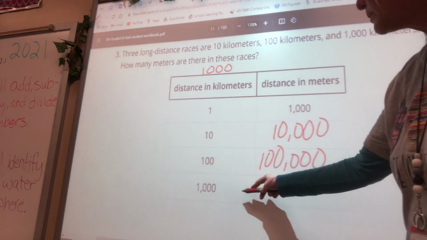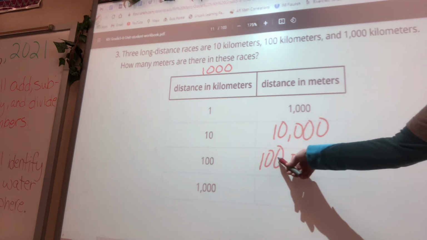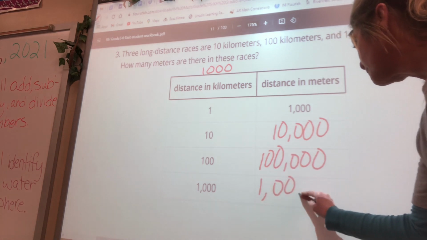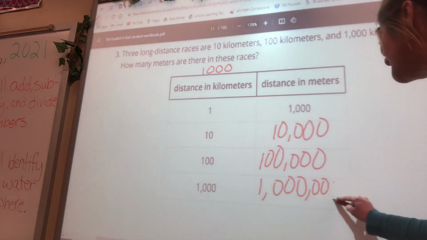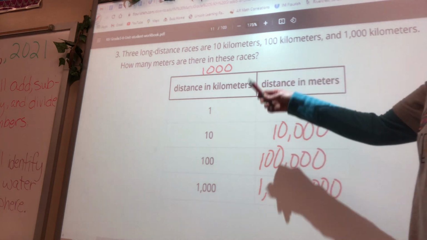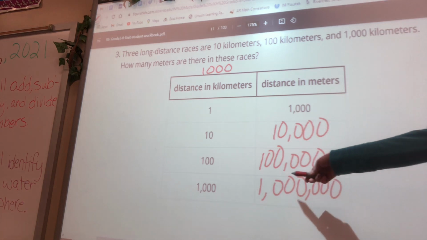This time we'd go up 10 times more. And if we go up one more multiple of 10, we end up that it takes 1 million meters to equal 1,000 kilometers. That makes sense. If we multiplied 1,000 times 1,000, we would have 6 multiples of 10.